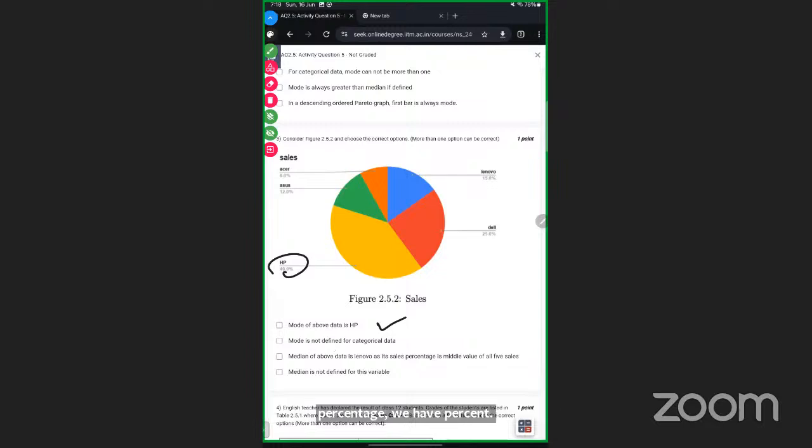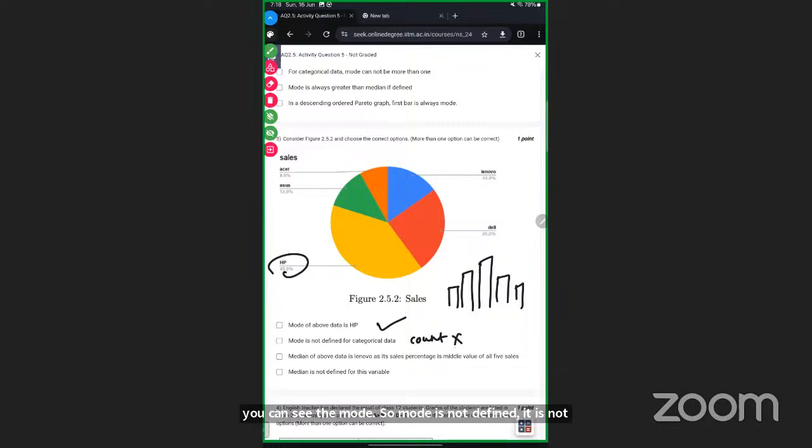Mode is not defined for categorical data. No, it is defined because we count which has the highest count. If you draw the bar chart, you can see the mode. So mode is not defined is not correct.